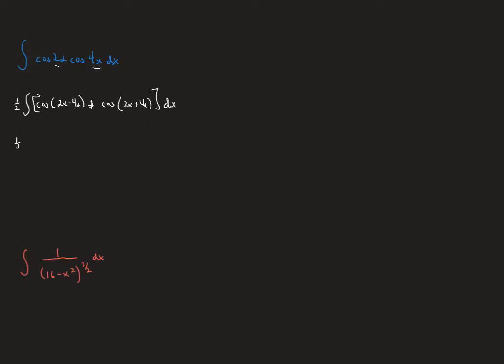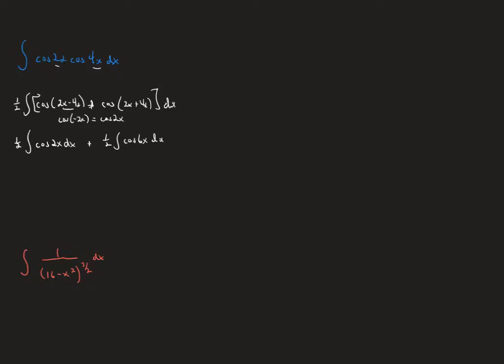So we're going to get 1/2. Now from here we're going to get the cosine of negative 2x, but because cosine is an even function, the cosine of negative 2x is the same as the cosine of 2x. So we can make that just be the integral of cosine 2x, and then we're going to get 1/2 times the integral of cosine 6x.